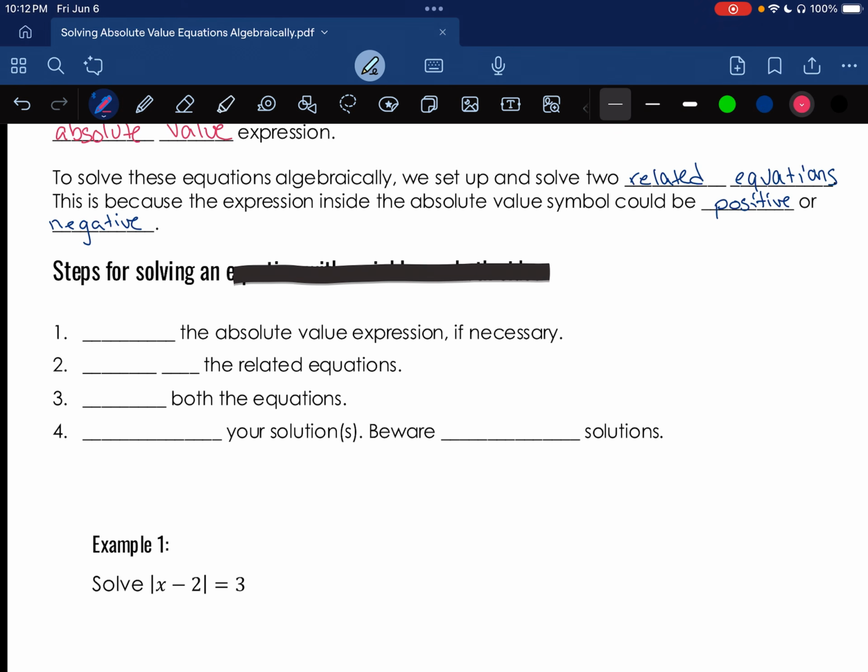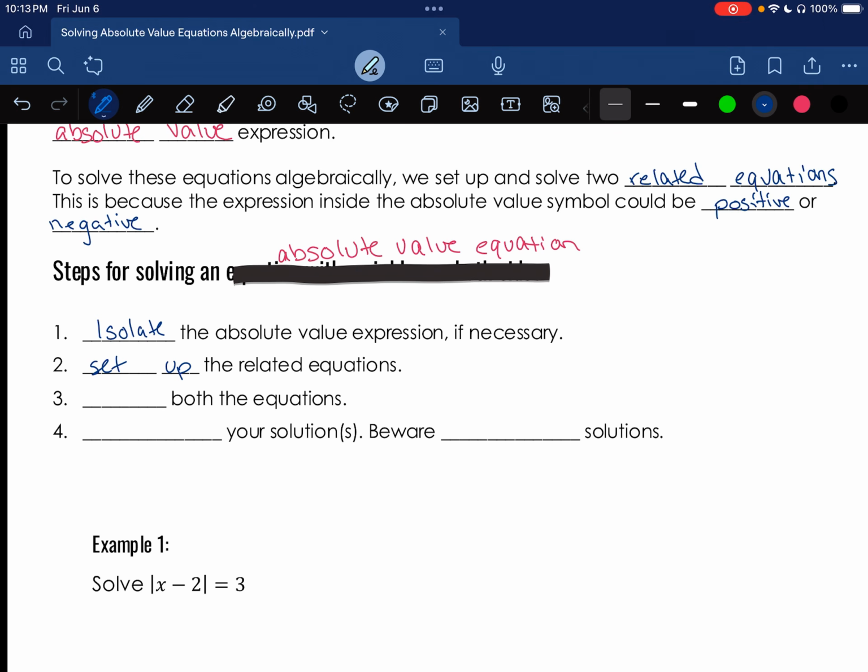So steps for solving an absolute value equation. All right, so first thing we're going to do is isolate the absolute value expression if necessary. Then we're going to set up our related equations.